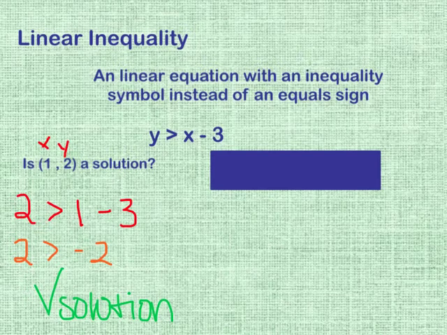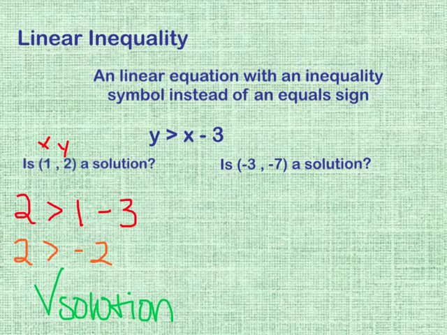Let's try another one here. Is negative 3, negative 7 a solution? So again, we have x, y, so we're going to plug those in. Is negative 7 greater than negative 3 minus 3? Now, let's remember that subtracting a positive is the same thing as adding a negative.